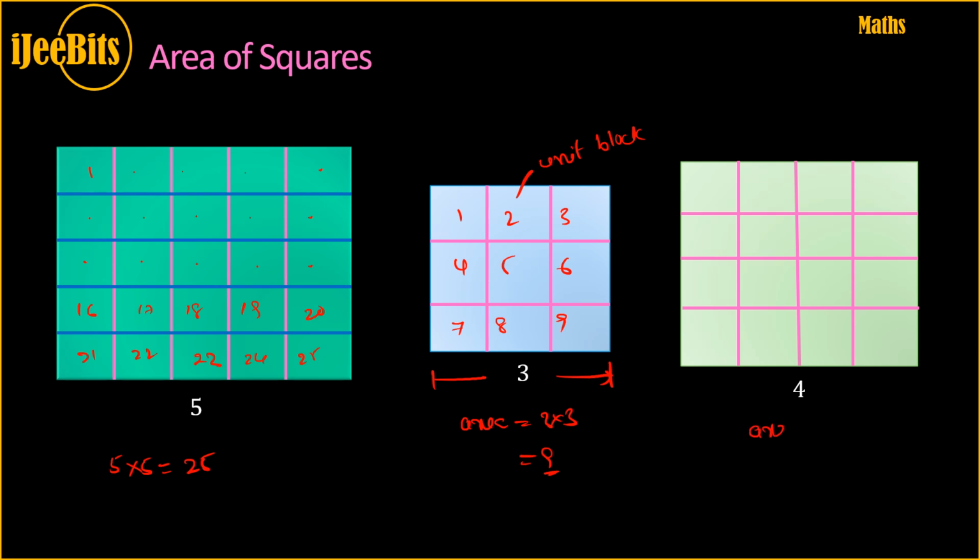What would be the area of this square? 4 times 4, which is 16. If you count from here, 1, 2, 3, 4, 5, 6, 7, 8, 9, 10, 11, 12, 13, 14, 15 and 16. So I have 16 unit squares, and hence the total area is 16.